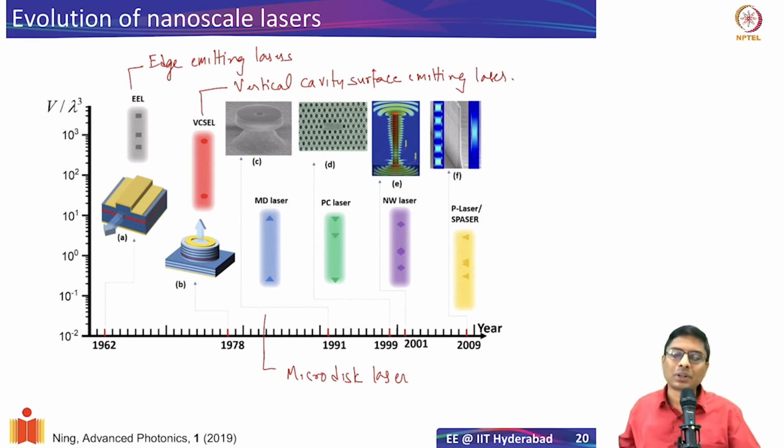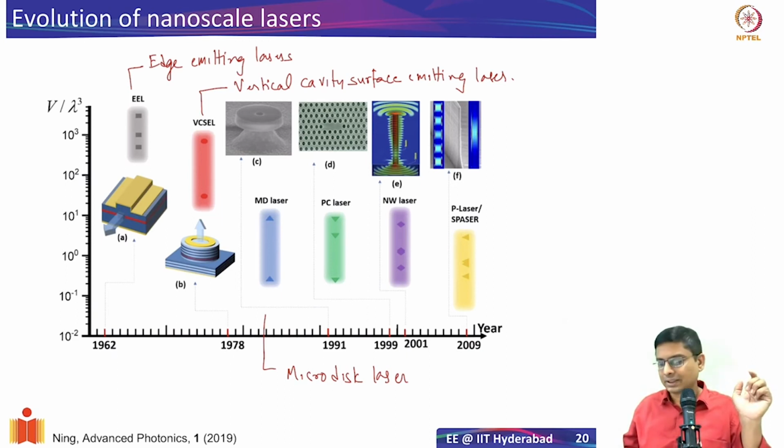And to overcome that, one of the landmark achievements was the demonstration of what is known as a plasmonic laser or a spaser. This was done in the year 2009, so just over 10 years back. The basic idea for a spaser was actually proposed by Mark Stockman and Bergman in 2003, I believe.